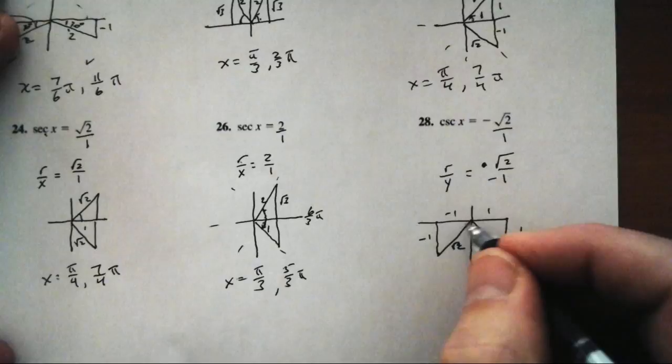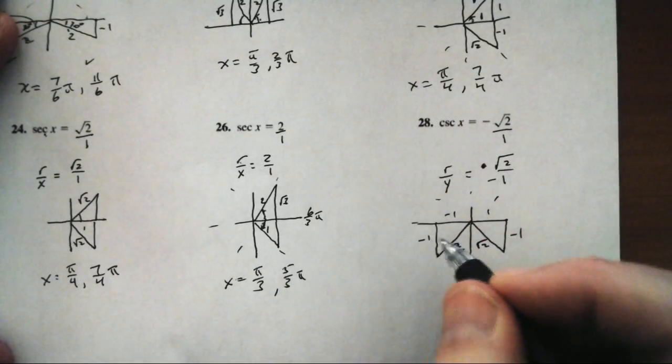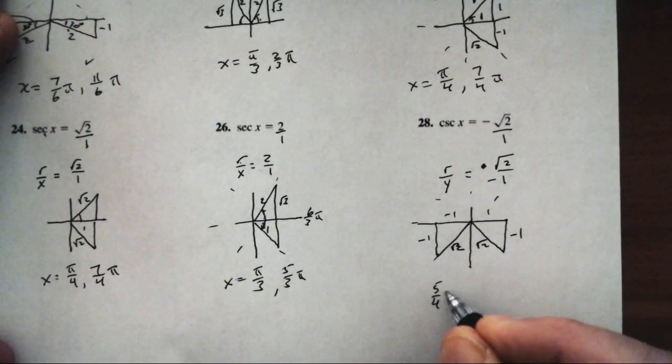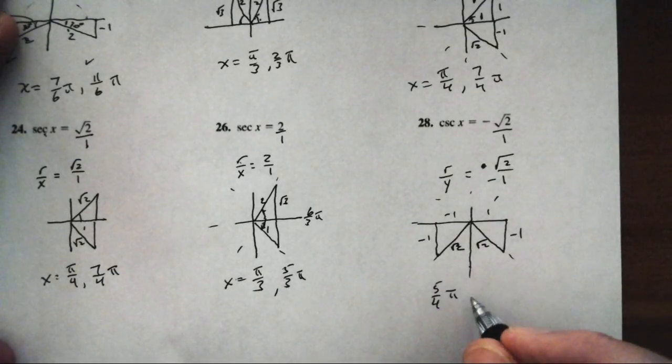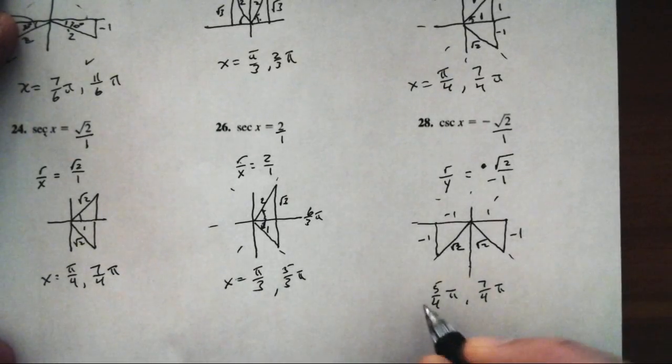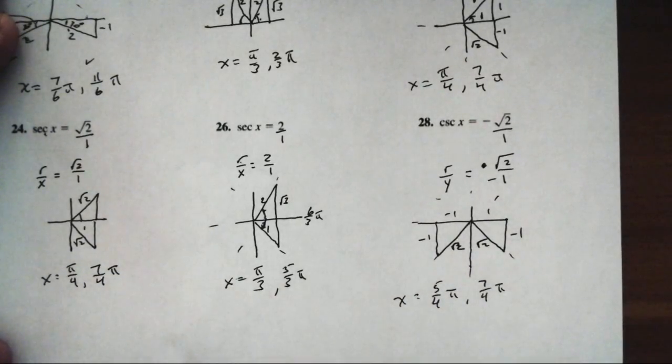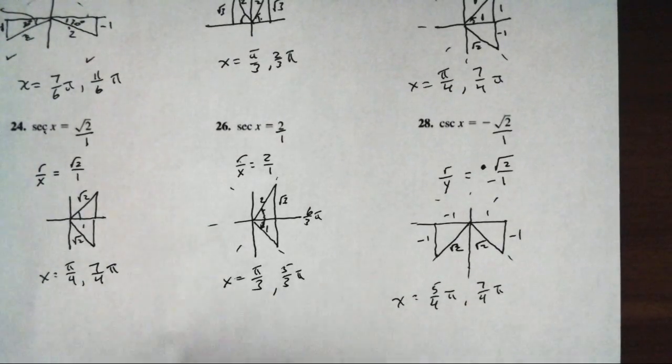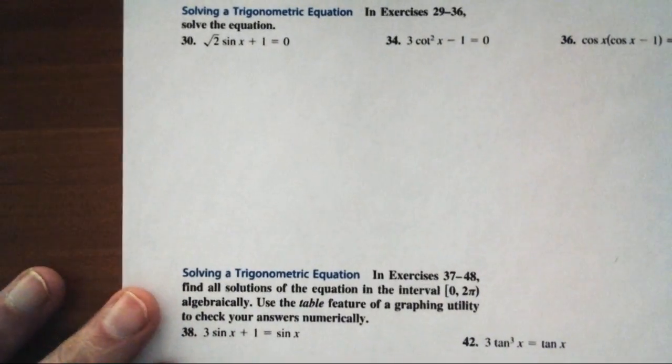Right here and here, 45. So that's 1/4, 2/4, 3/4, 4/4, 5/4 pi, 6/4, 7/4 pi. And to be honest, that is all just review, but what a good time for us to be reviewing. Now we just take that to the next step.